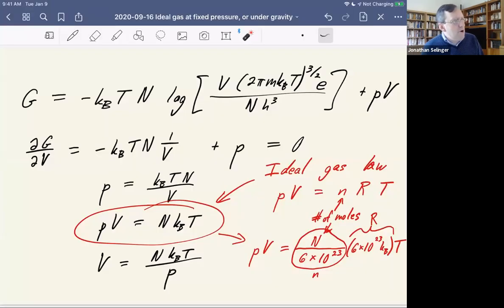So if I go back to my iPad, when we had the magnet, it was nice and easy to do the non-interacting magnet, right? And then we had to make approximations in order to deal with the interacting magnet. That was a much harder problem. Okay. Here, it's the same kind of story.